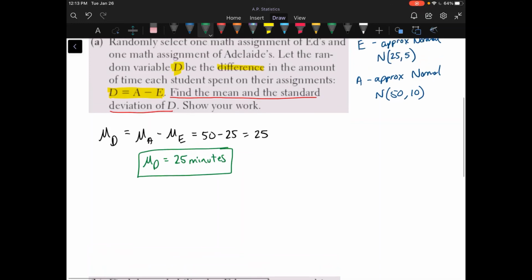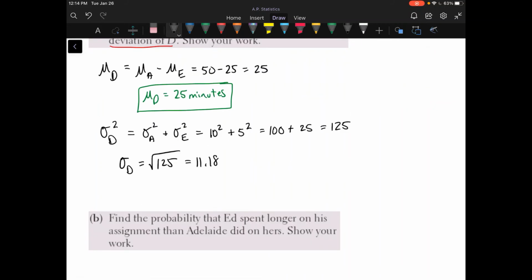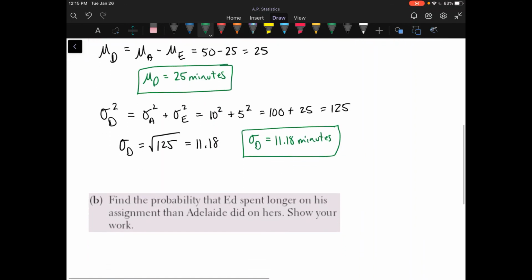So for this calculation, we will first calculate the variance of D, which will equal the variance of A plus the variance of E. We're just told to find these things. We don't need to describe them within the context, so we're done.